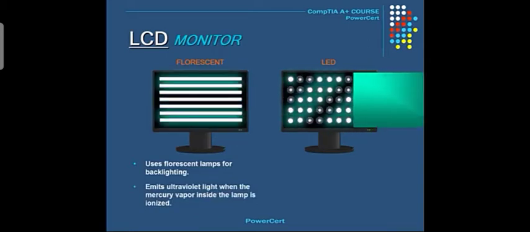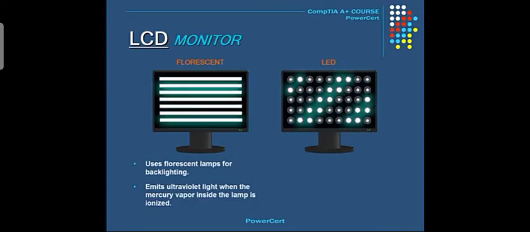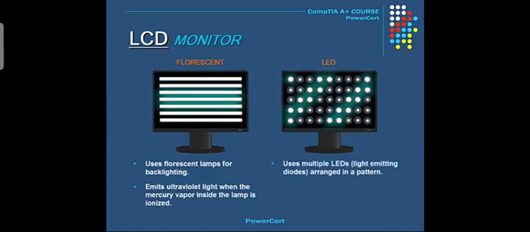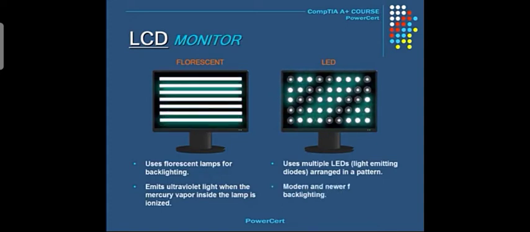Another type of backlighting that LCD monitors use is LED. LED monitors use multiple light-emitting diodes that are arranged in a pattern that displays the images on the screen. Now this is a more modern form of backlighting compared to fluorescent lamp backlighting.